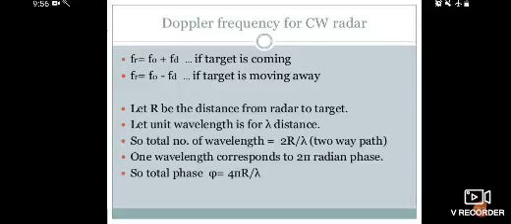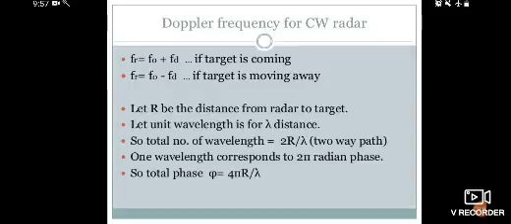Whenever the target is moving away from the antenna, it is calculated as fr equals f0 minus fd. To derive the equation for the Doppler frequency, R is the distance from radar to target, and wavelength is lambda.